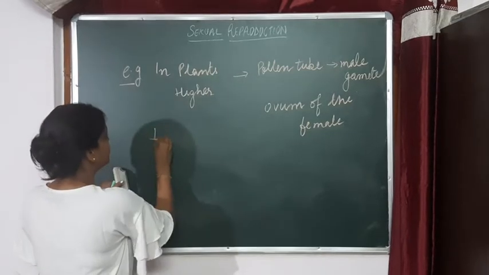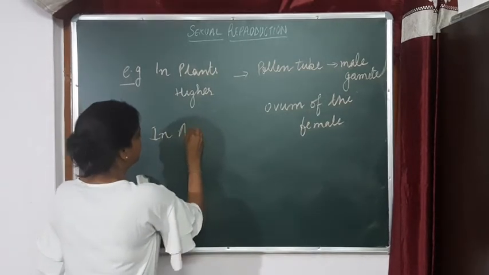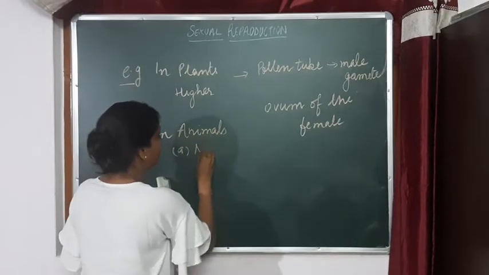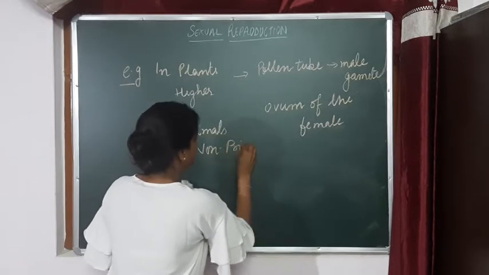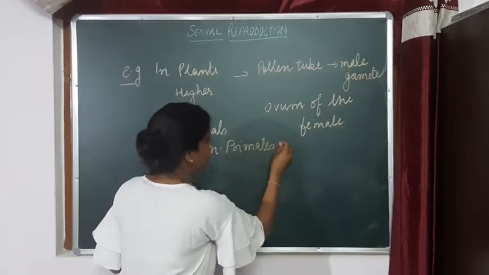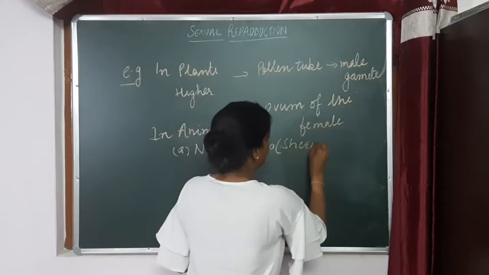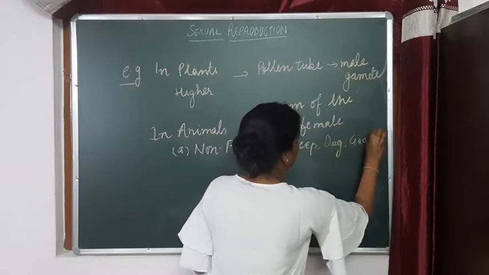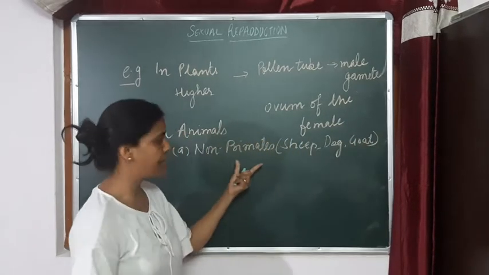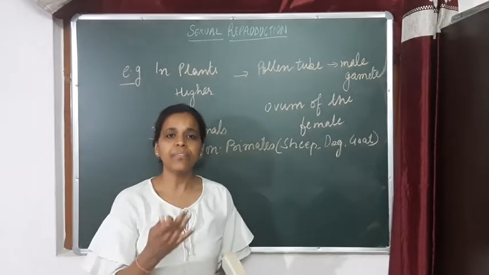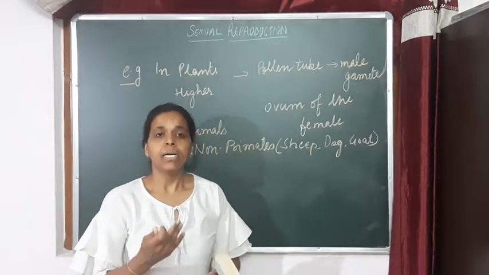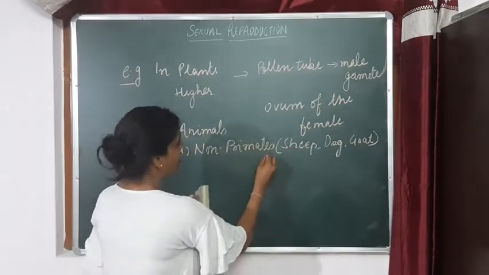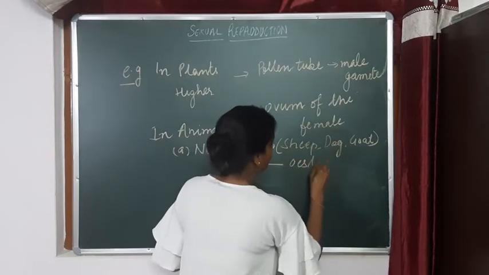So coming to animals, if I am taking the non-primates, and non-primates include the sheep, the goat, the dog, all these non-primates show a specific cyclic process in their reproductive system, which in non-primates is called the oestrus cycle.